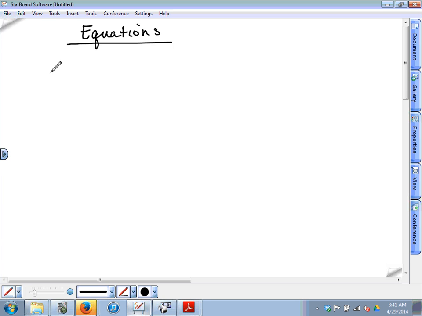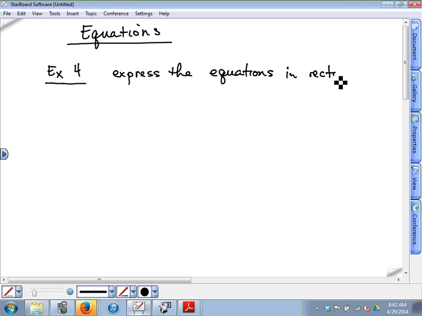So here's Example 4. Express the equation in rectangular form. And we're going to have a couple of parts here.